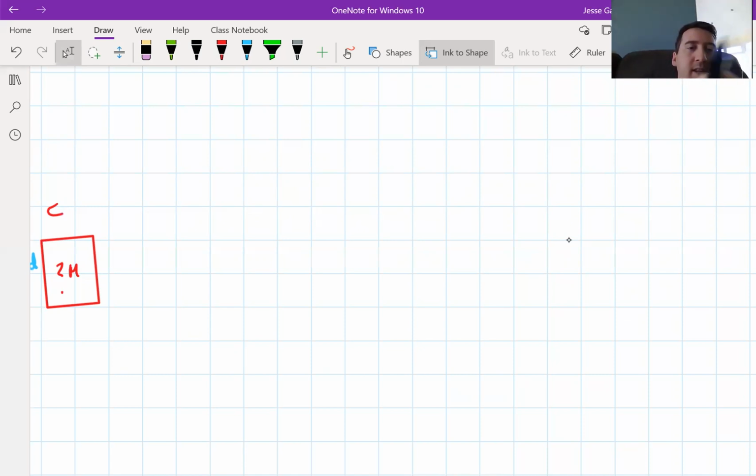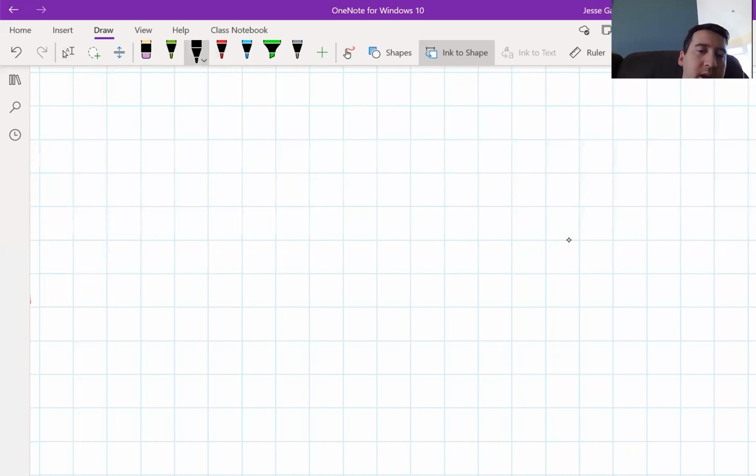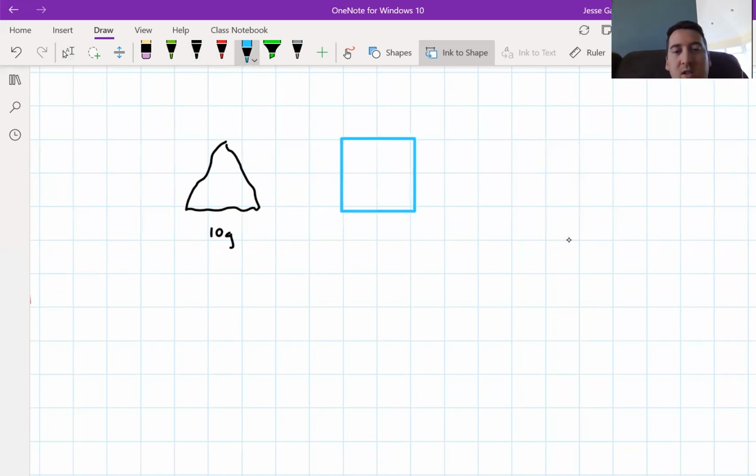Let's take an example here. Let's say we had a pile of solute. We've measured it out, and let's say it's 10 grams. And we want to dissolve it in some solution. We're going to add some water until it goes up to an exact quantity. The issue here is that this solute is black.